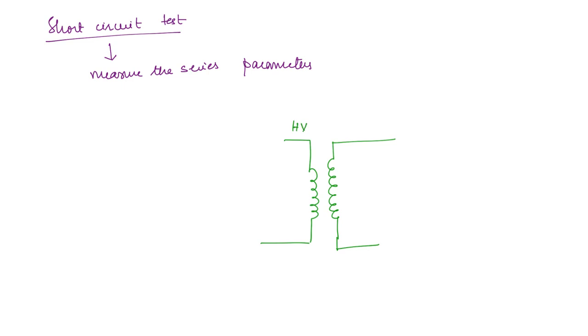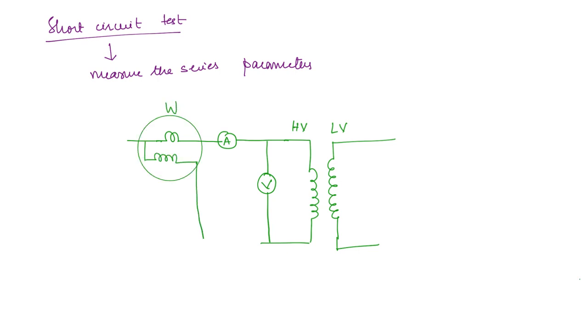We will discuss why that is later. This is the LV side. Here we have the ammeter, which will measure the current, and here we have the voltmeter, and the wattmeter is going to be like this. And here we have the AC supply.